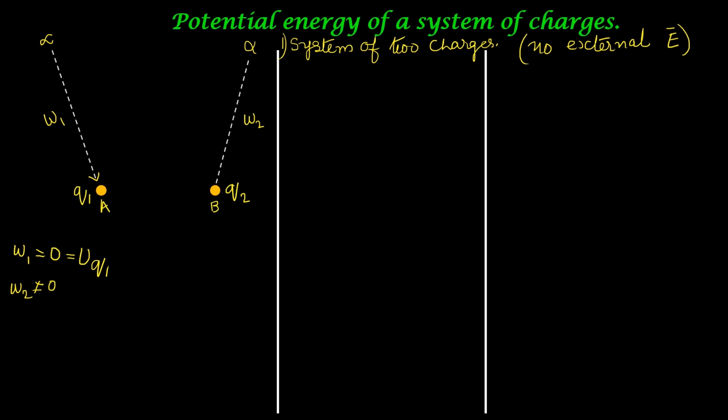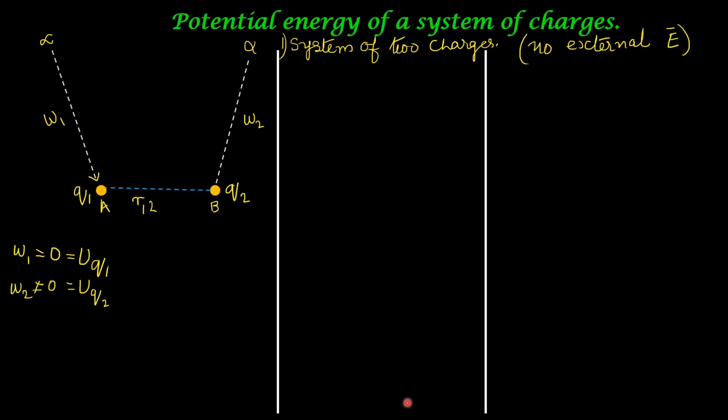This work done will be stored in Q2 as its potential energy equal to UQ2. Distance between Q1 and Q2 is represented as R12. R12 means from 1 to 2.